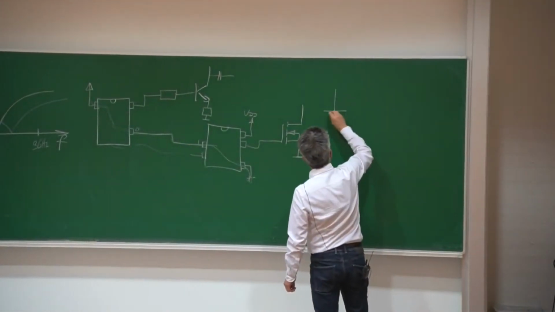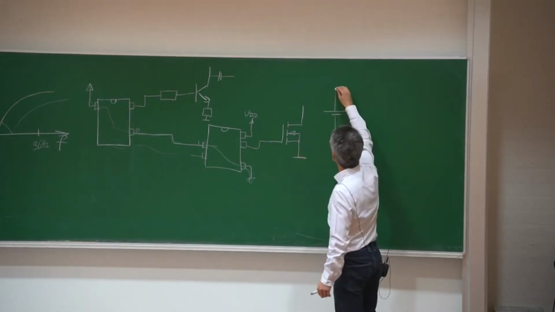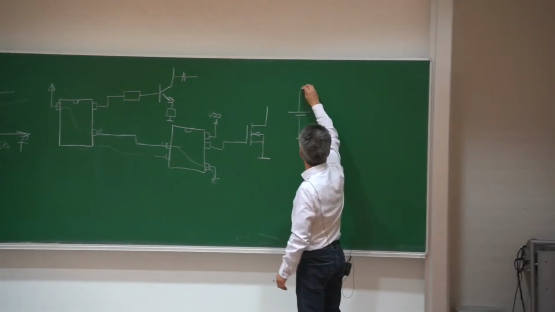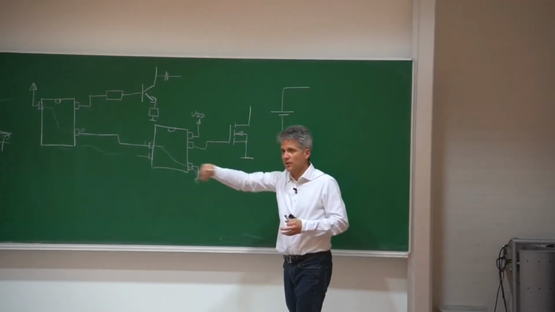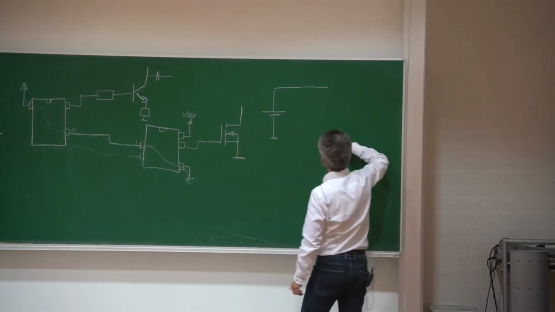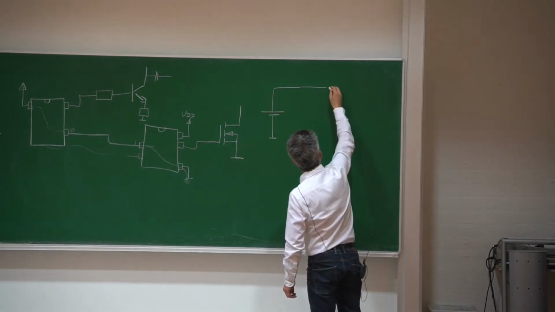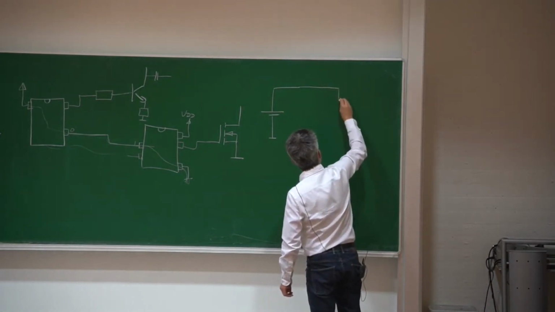So I have a 12-volt power supply in my car. This is my battery. Then I have a cable harness connecting the battery to my control module. And then in my control module, I have my switch. And the switch is in this case a power switch.